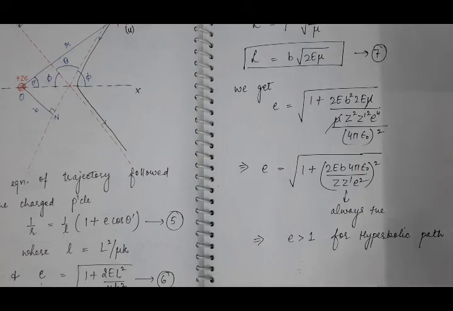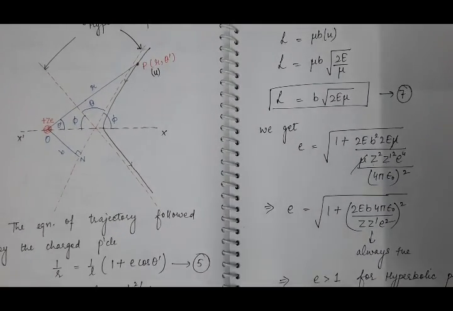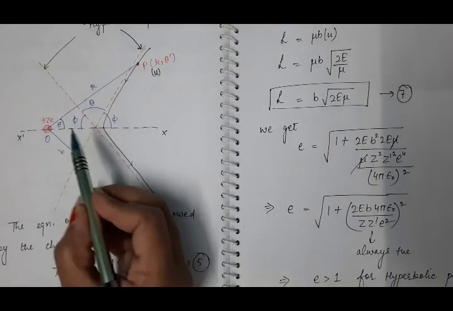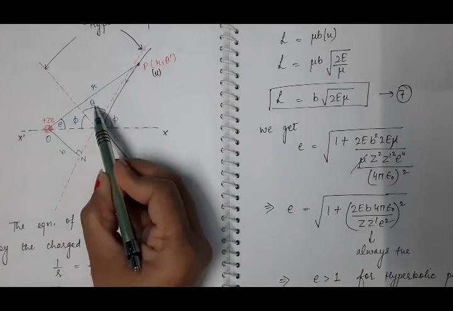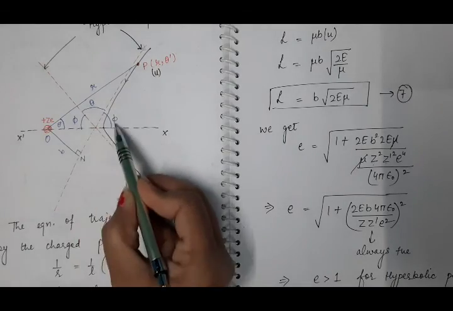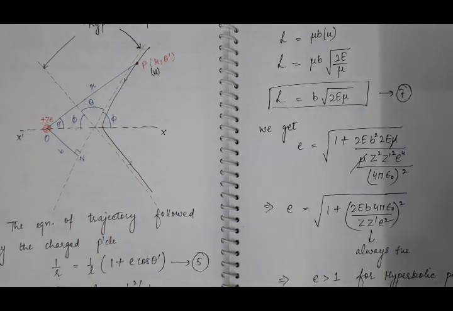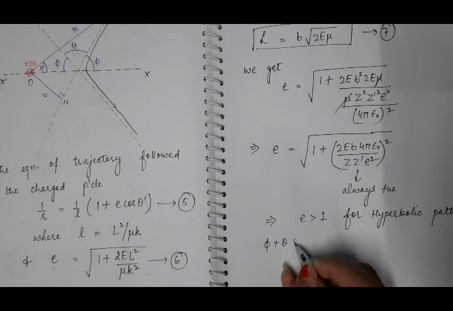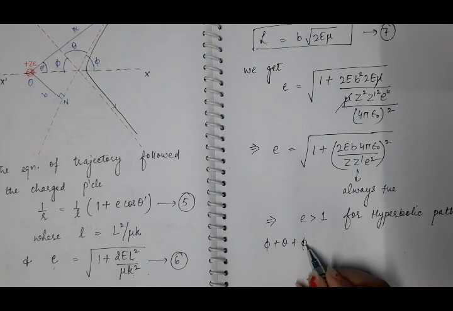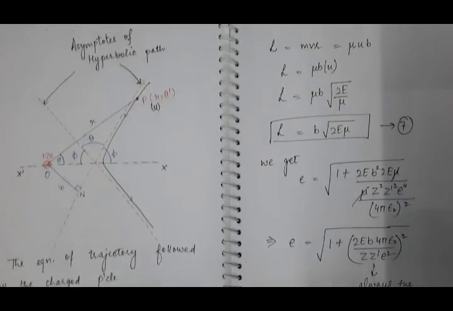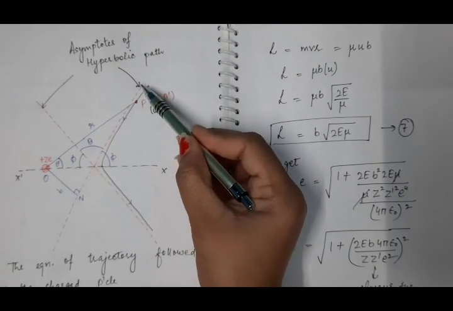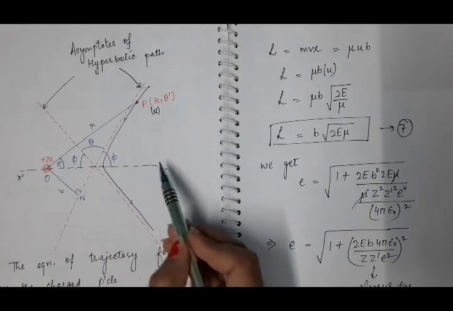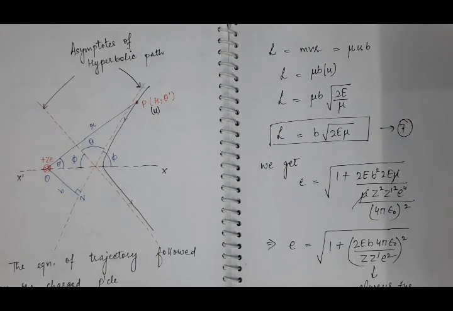And one more thing. Now from this figure, what we have is phi plus theta plus phi equal to 180 degree. What is phi? Phi is the angle which the asymptote makes with the x-axis. Both the asymptotes make an angle phi with the x-axis, and theta is the angle between the asymptotes, or you can say the angle of scattering.